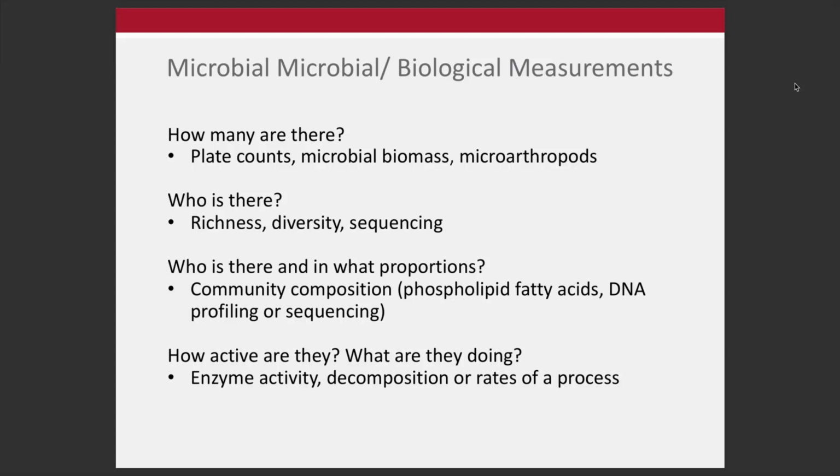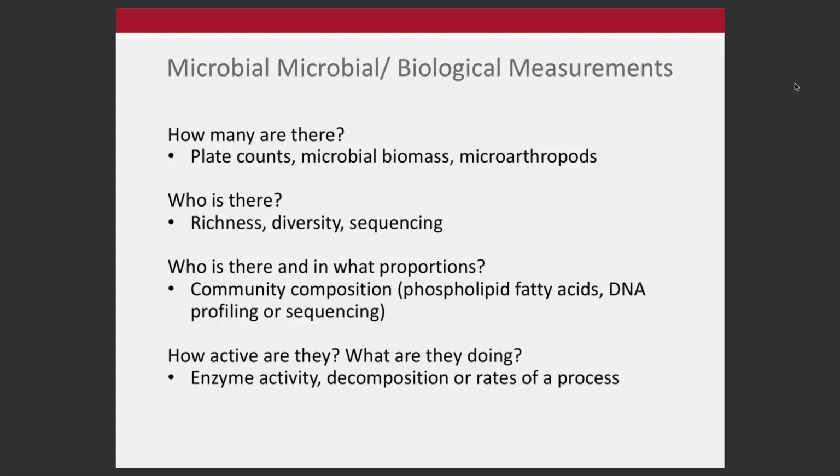We can look at something like diversity, so looking at the distribution and evenness of different critters that are in the soil, right? So this whole idea of biodiversity, there are a lot of different methods to get at this sort of thing.